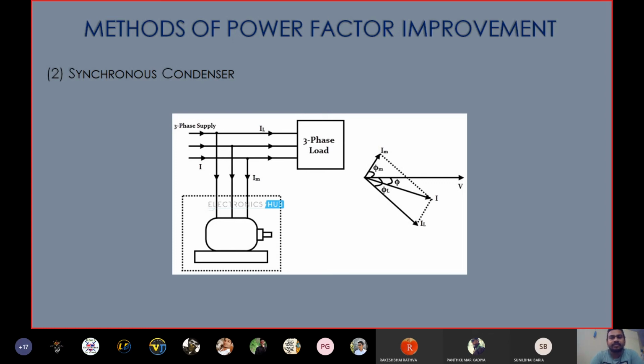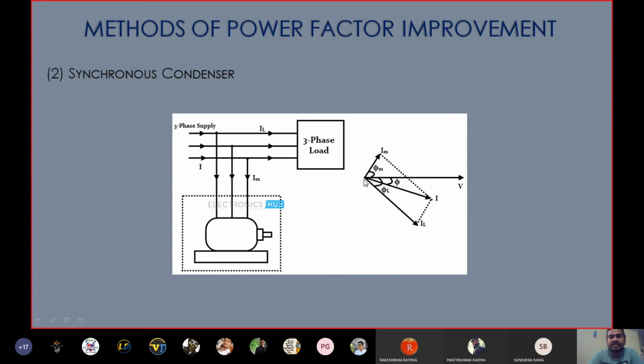Now the current taken by this synchronous motor or synchronous condenser. This motor operates in over excited condition, so the current taken by this motor leads the voltage by some angle phi m, suppose.